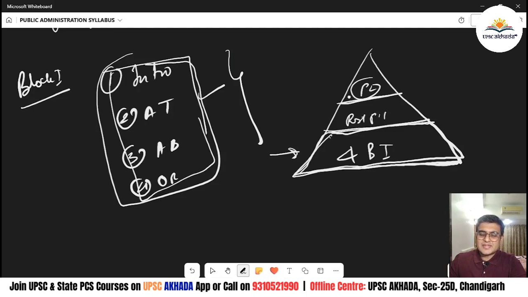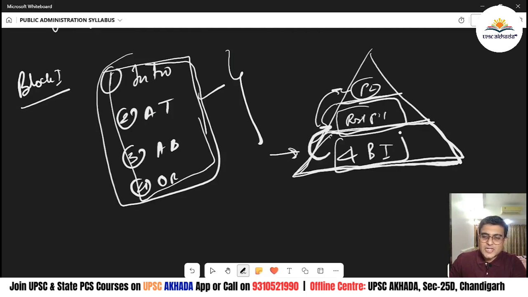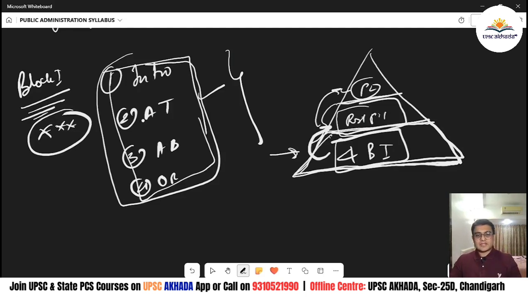Paper 2 is more or less an application of paper 1, and the rest of the chapters of paper 1 are more of an application of these 4 chapters. So keep in mind, these 4 chapters are very important. If you get these 4 chapters, you get public administration.